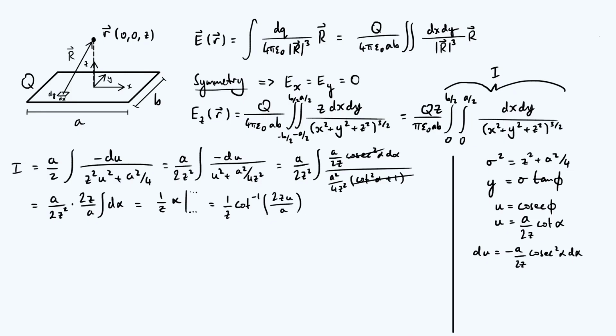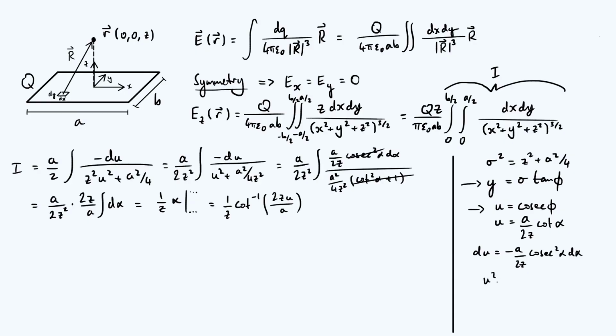Now we've got it in terms of u, but we want it in terms of y. To go from u to y, you can combine two of the lines from this bottom right-hand corner here. So y is sigma tan phi, and u is cosec phi. We can use those combined with the trig identity to get u directly in terms of y.